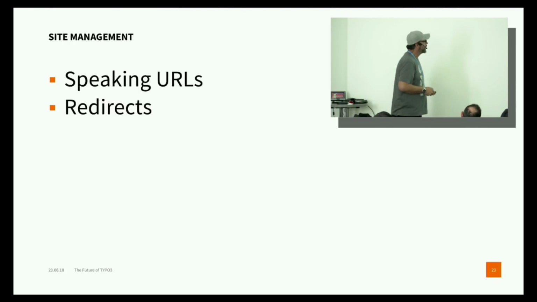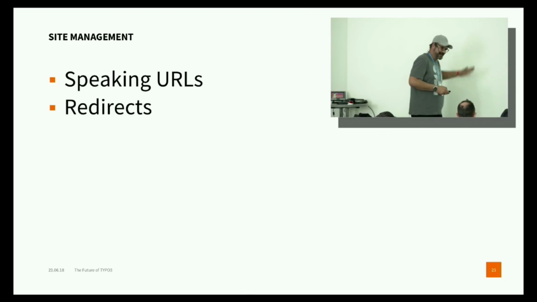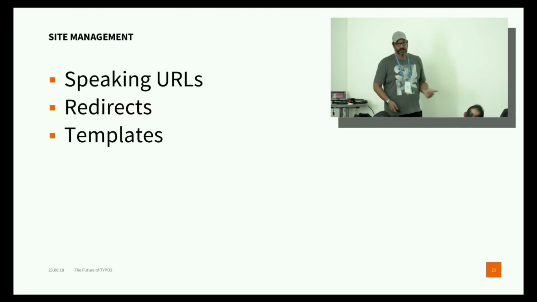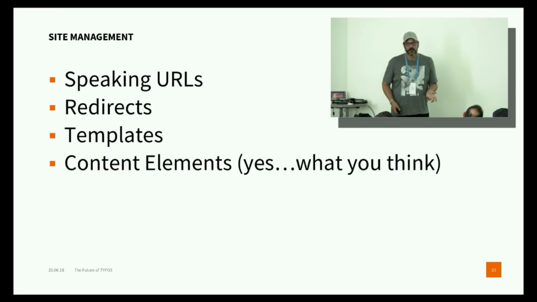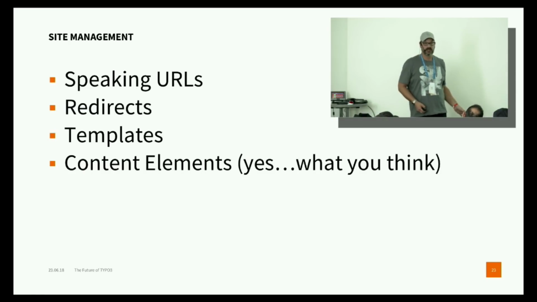Cool. Yeah, so site management, back to topic, consists of speaking URLs, redirects, templates, and it's also part of site: content elements, which should be specific to a site, not specific to the entire installation.